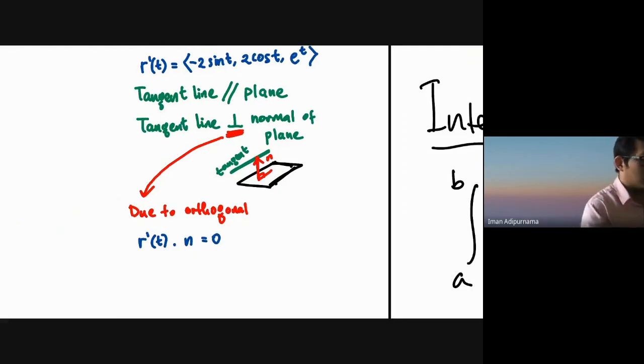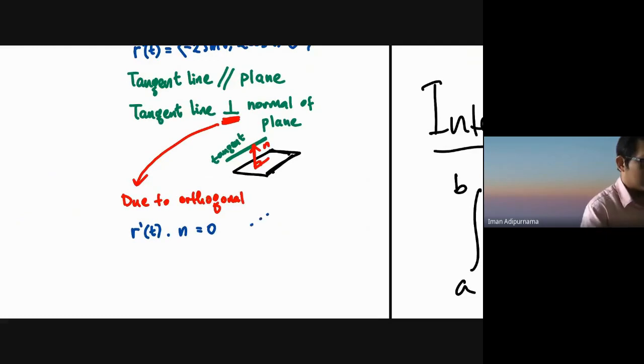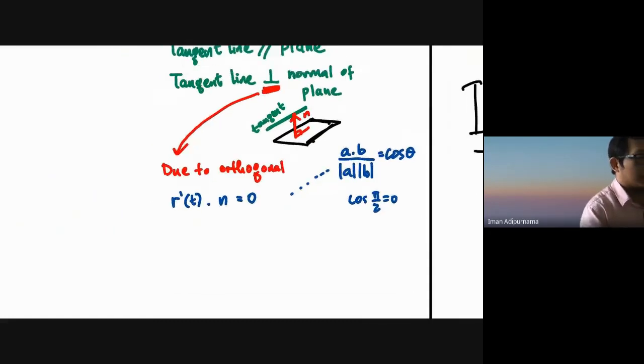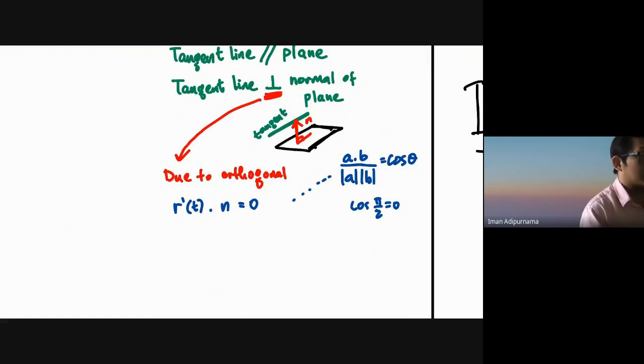Or if you want to see it clearly, because cos pi over 2 is 0, then the whole thing is 0. So we can also say here that the dot product of these two vectors will be 0. Now we can write down all the terms and take the dot product.